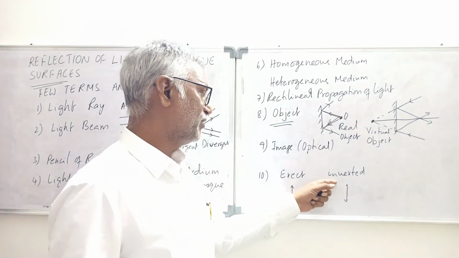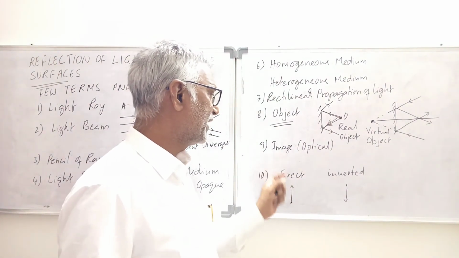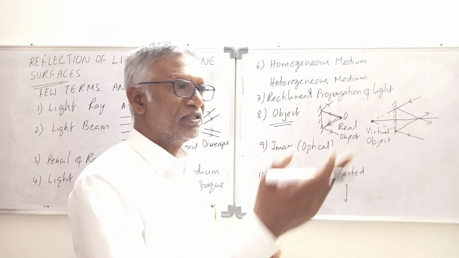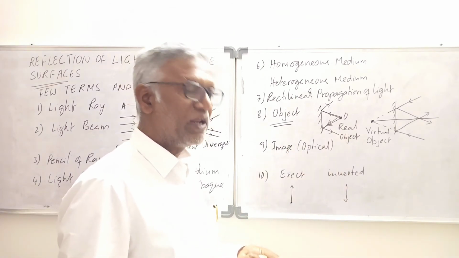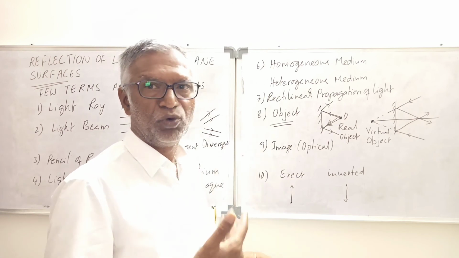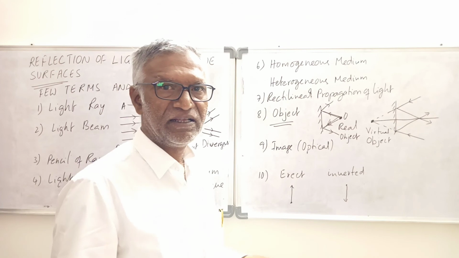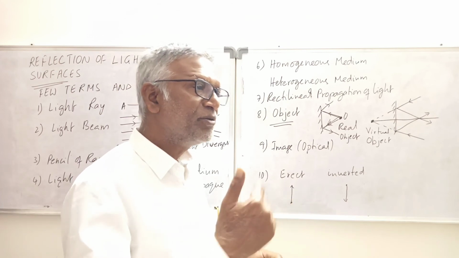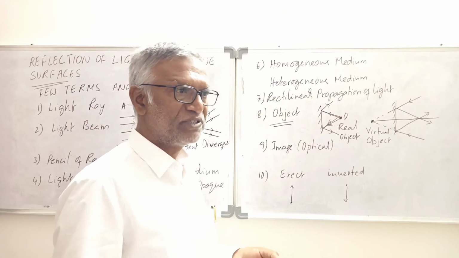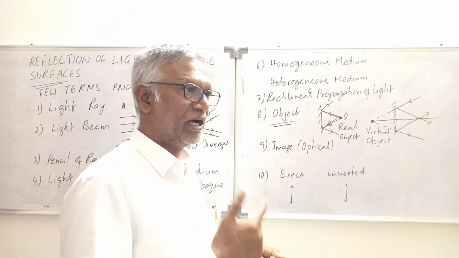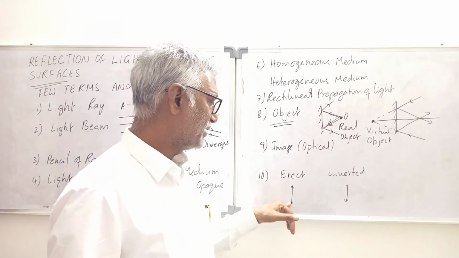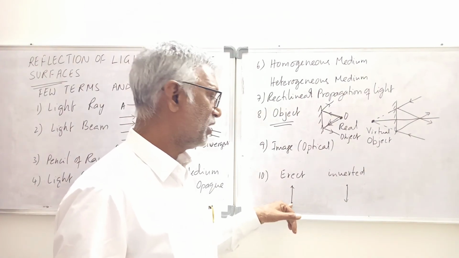Now erect and inverted. In a plain mirror, we can see our object in the same position as we are standing; that is erect. If the image is inverted, meaning upside down, then it is known as inverted. See here the arrow is upward and the tail is at the bottom.